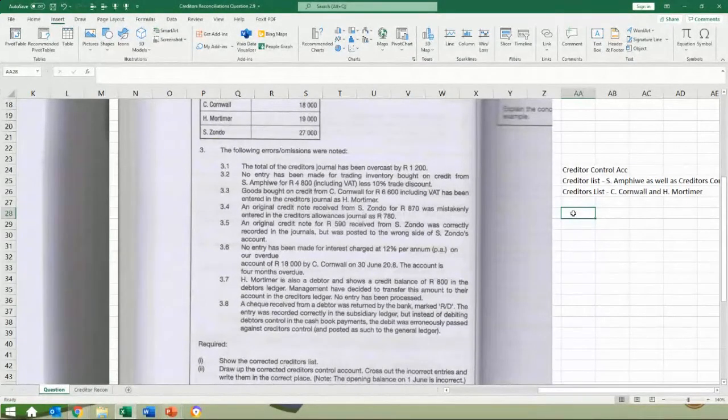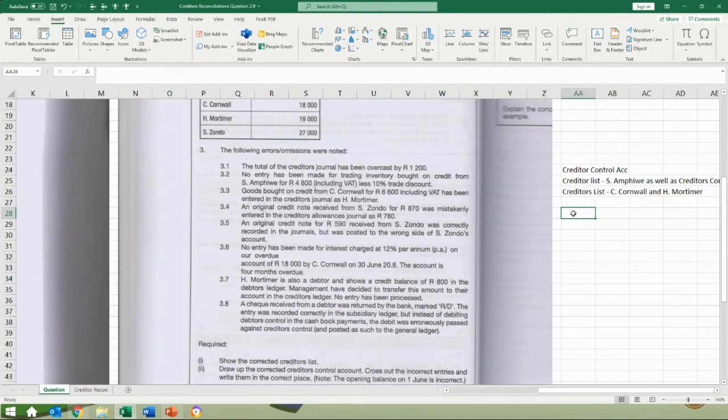Okay, so point number 4, we said when we get an original credit invoice. Now remember, we get an original from our supplier. If we have a duplicate, we would be the supplier, so it would be our data. So in this case, they tell you an original credit note for 590 was received from S. Zondo, and was correctly recorded in the journal. So we've correctly captured it in our creditors allowance journal, but it was posted to the wrong side of S. Zondo's account.